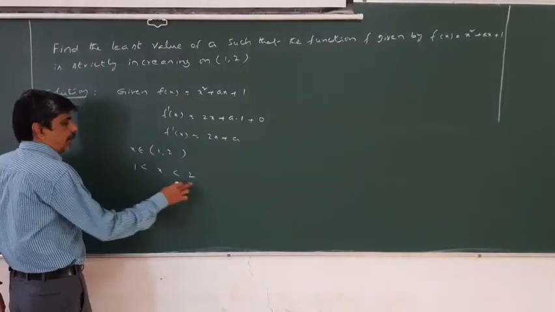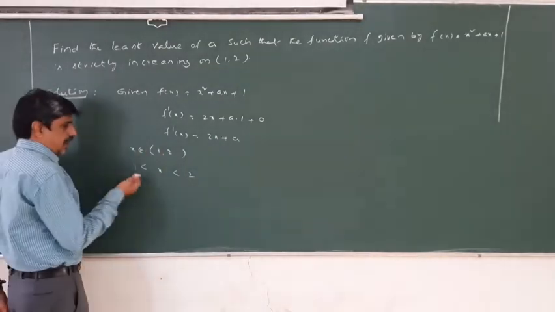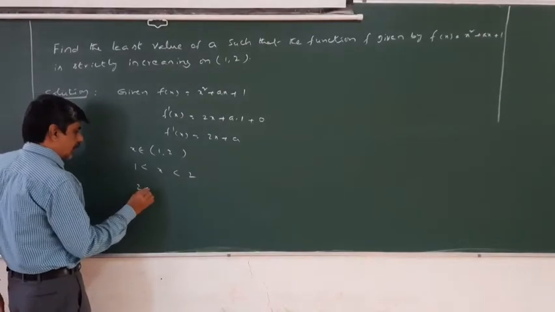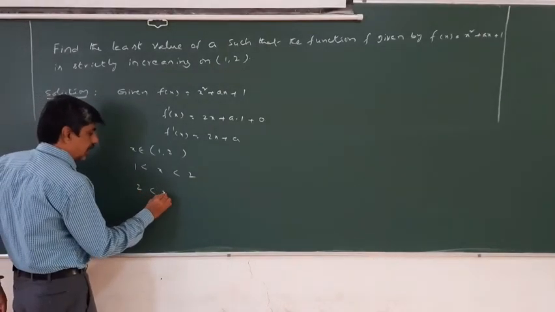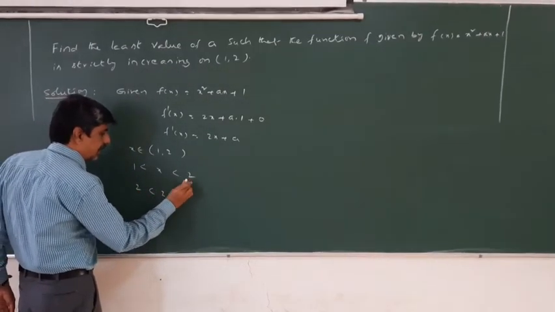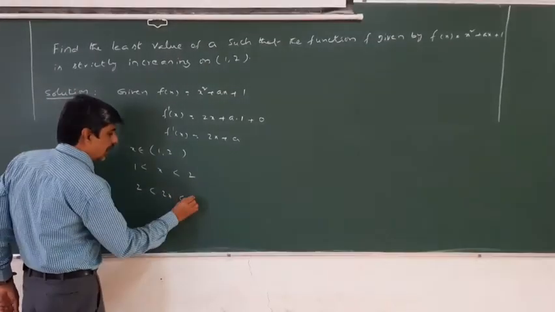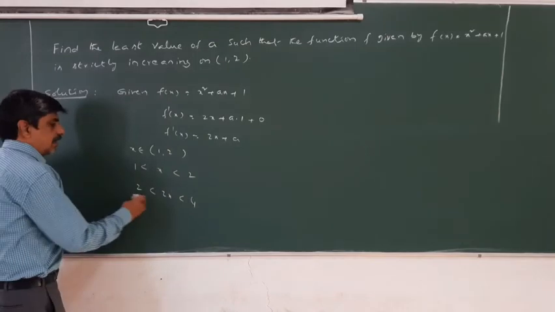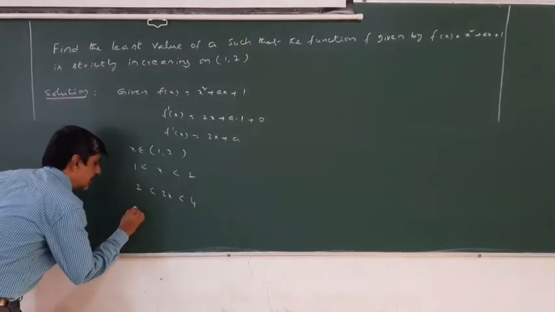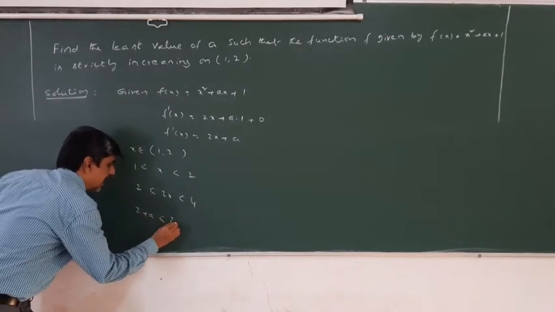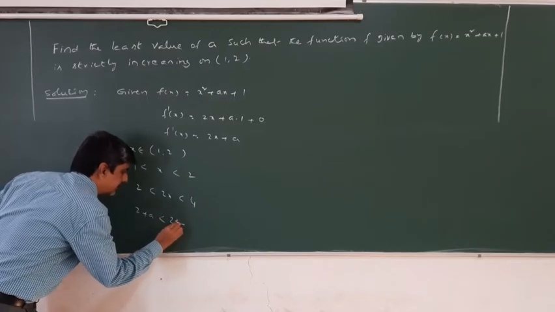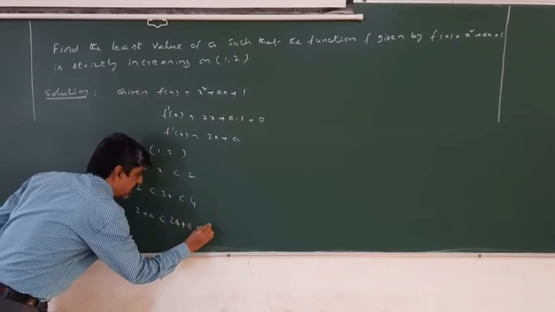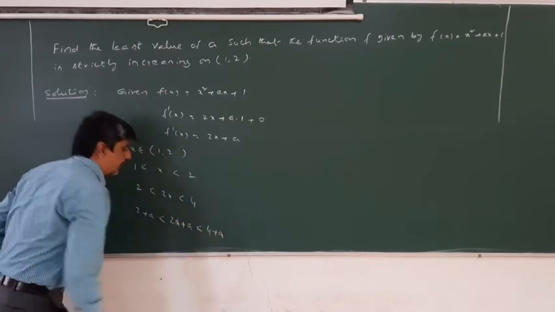Multiply this inequality by 2: 2 into 1 is 2, less than 2x, less than 2 into 2 is 4. Then add a to this inequality. So 2 plus a is less than 2x plus a is less than 4 plus a.